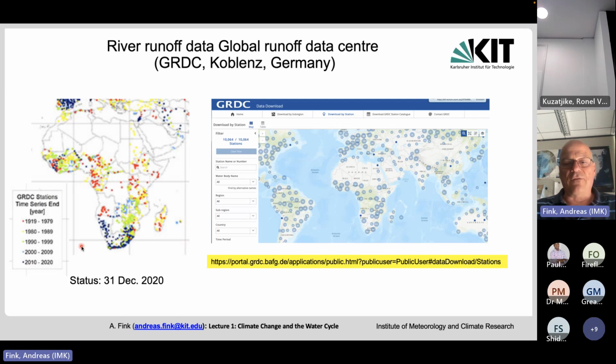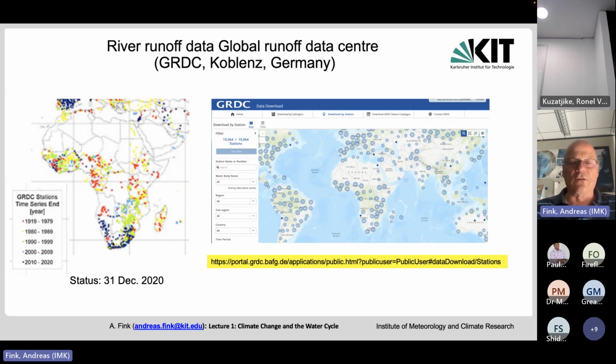They have a web page, and you can check monthly or daily river flow data. When you look here, actually, the time series ending in parts of South Africa and Namibia are quite recent. But when you go to Angola, it's before 1979 that stream flow data are available in this database.